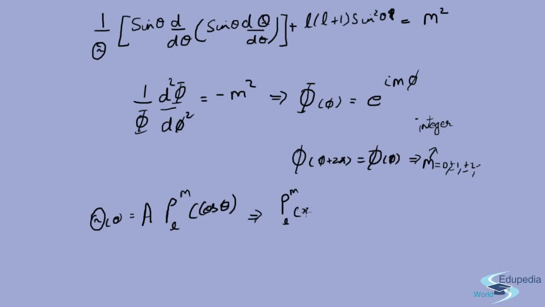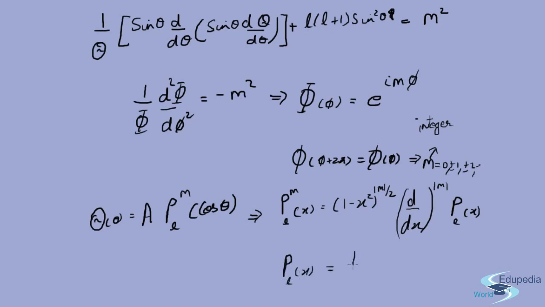P_L^m of anything x is equal to (1 − x²) to the power of |m|/2 times d/dx to the power of |m| of P_L(x). P_L(x) is a Legendre polynomial, and it is defined by P_L(x) is equal to 1 by 2^L L! times d/dx to the power L of (x² − 1) to the power L. So for any value of L, you can get the value of P_L(x).